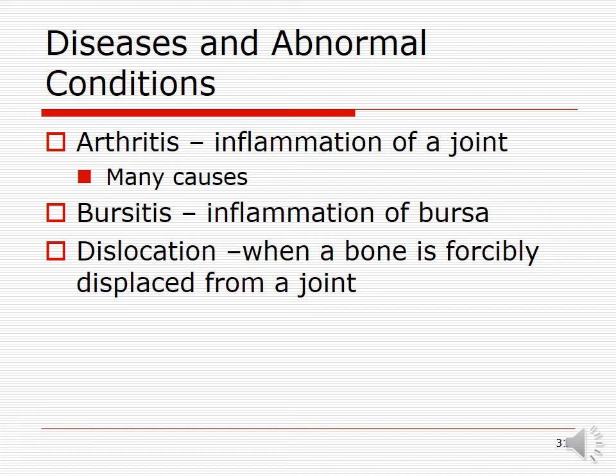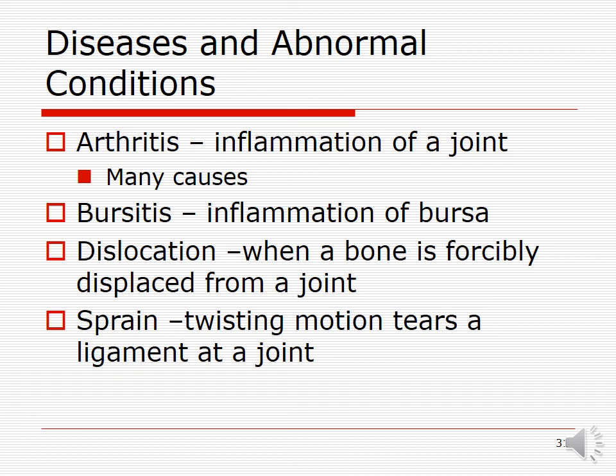Now, sometimes it will spontaneously occur, but this is pretty painful. There's damage done to that joint. Oftentimes there's going to be inflammation and damage to some of the surrounding tissues. So you really need to have some medical intervention there.